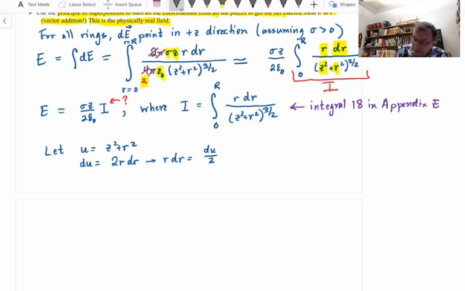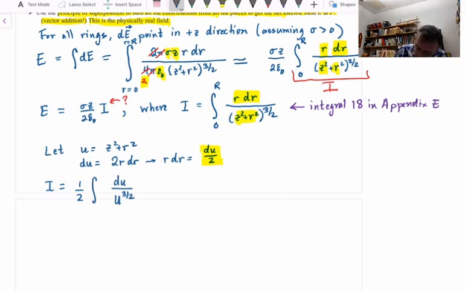And so back up in my original integral, where I have an r dr upstairs, I can replace it with a du over 2. And then downstairs, where I have this z squared plus r squared, I can just replace it with u. So now the integral I looks like this. Okay, I'm bringing the 1/2 out front. I have a du upstairs and a u to the 3 halves downstairs.